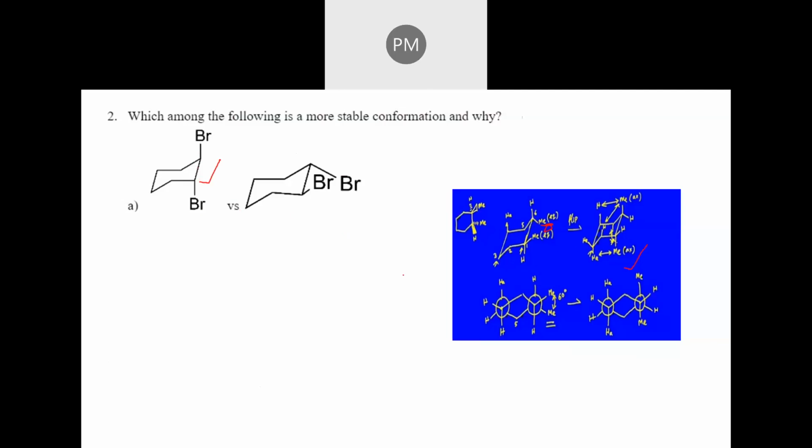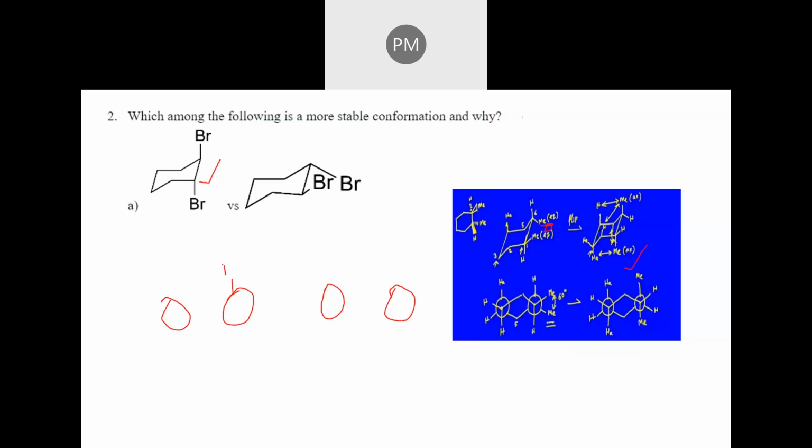that conformation, what will happen in it? If I draw it similarly, in this conformation the two methyl groups will be far apart like this.